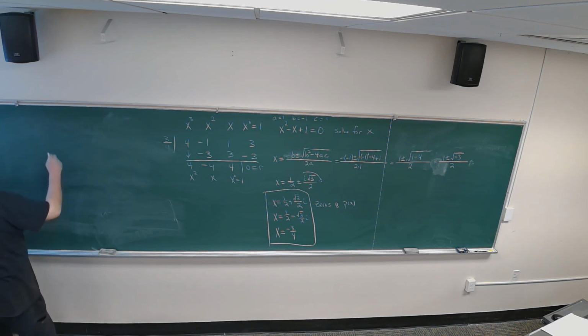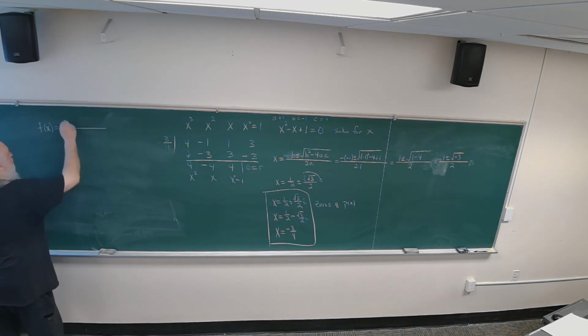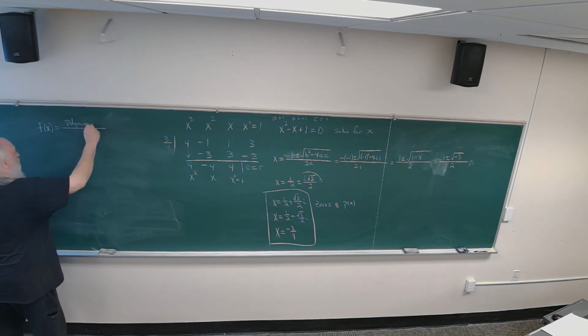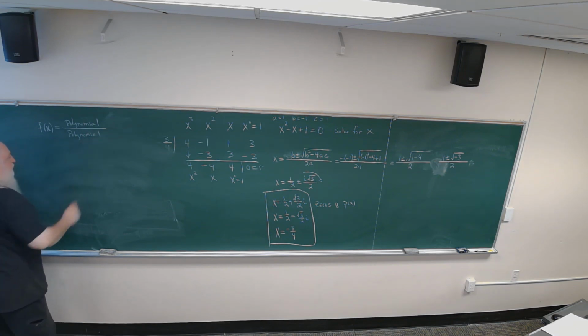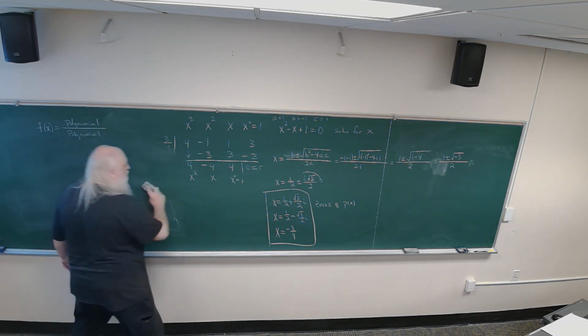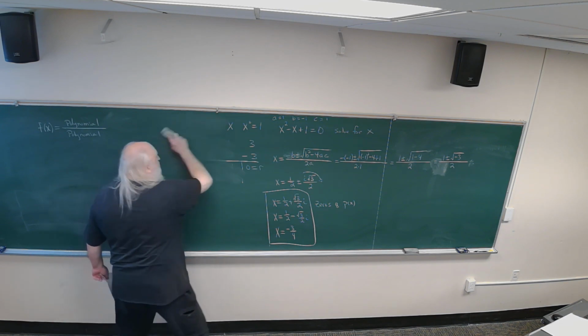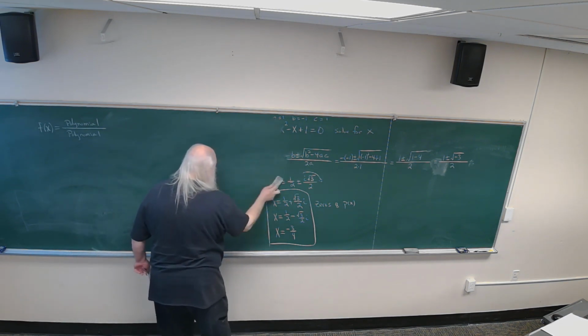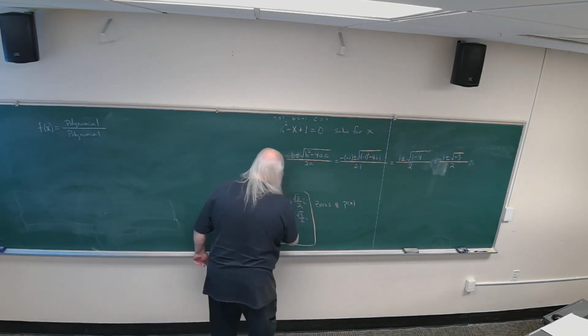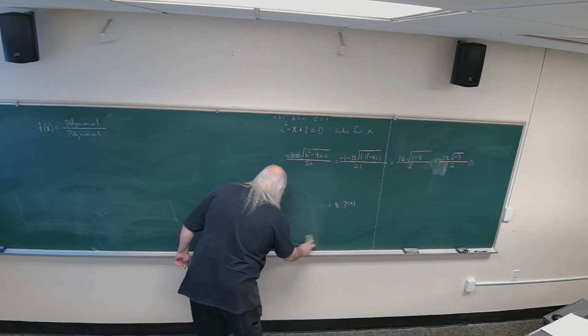And in a nutshell, a rational function f of x is a quotient with a polynomial in the numerator and a polynomial in the denominator. Okay? That's what it is in a nutshell. The ratio of two polynomials.